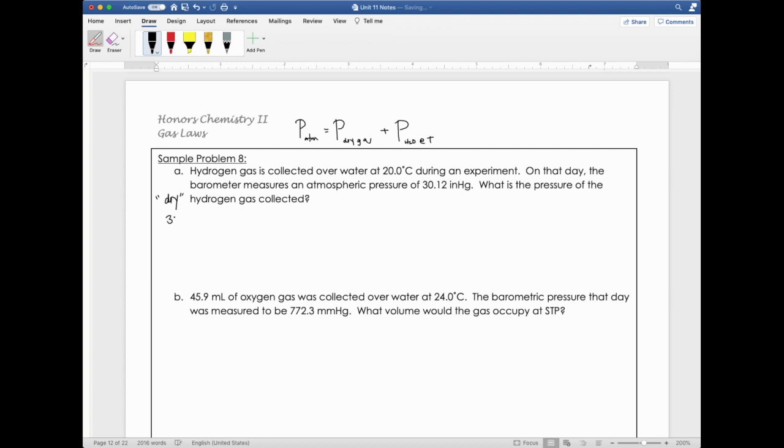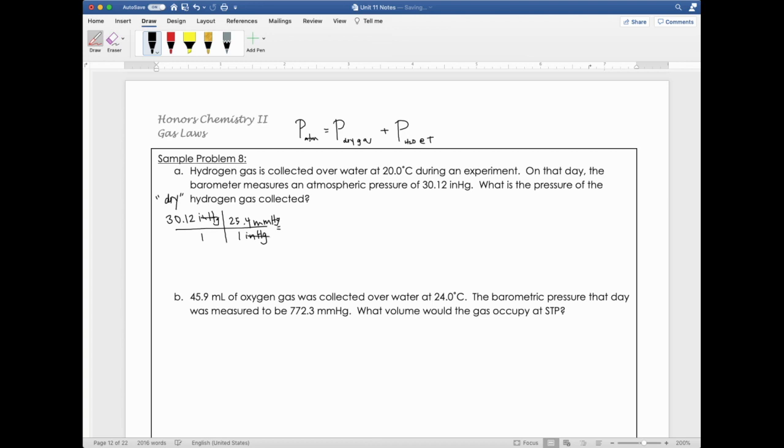So let's go ahead and do that. 30.2 inches of mercury. I did a quick Google search and found that 1 inch is equivalent to 25.4 millimeters. Again, it doesn't matter because it's still inches to millimeters.